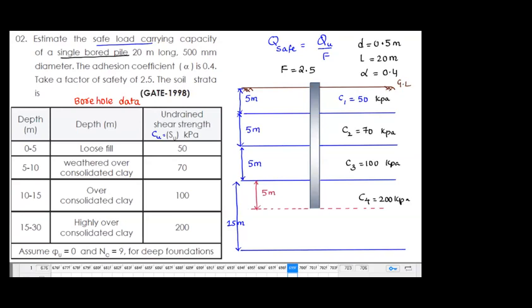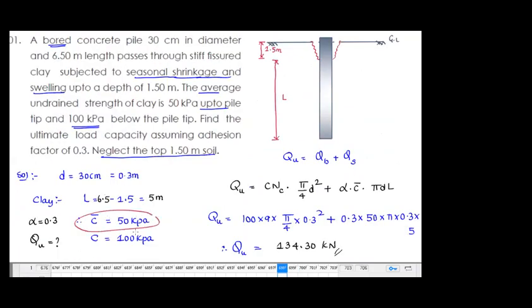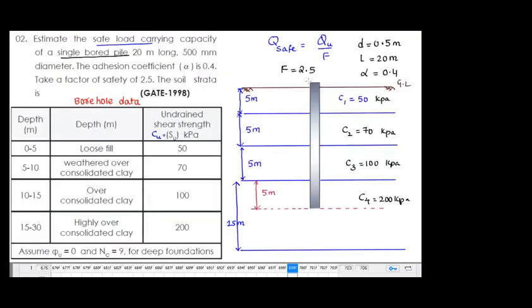What is the difference between the previous question and this question? In the previous question, I gave you the average C value directly. In this question, I have given you stratified deposits. You have to find the average cohesion and the cohesion at the pile tip. At the pile tip, C is equal to C4 is equal to 200.